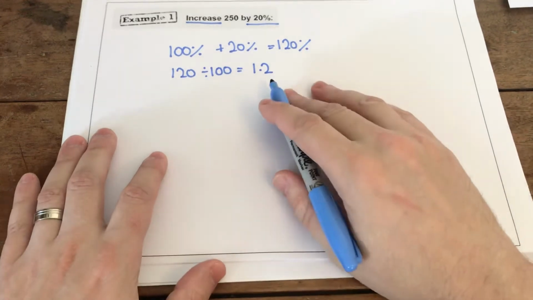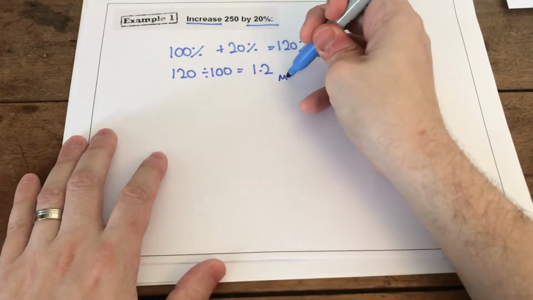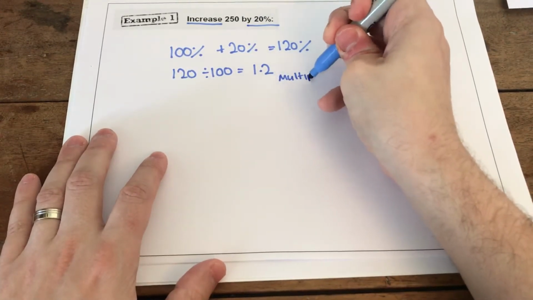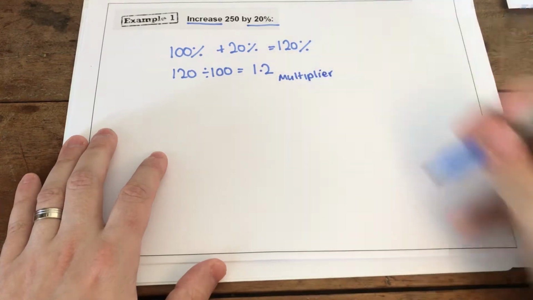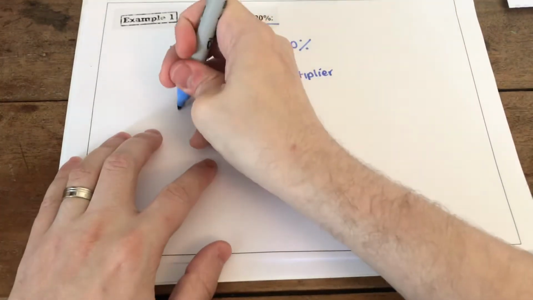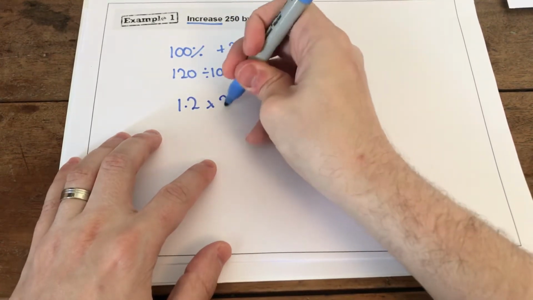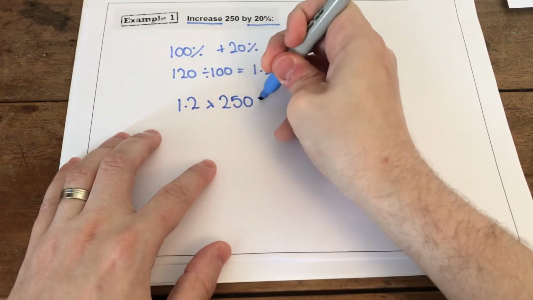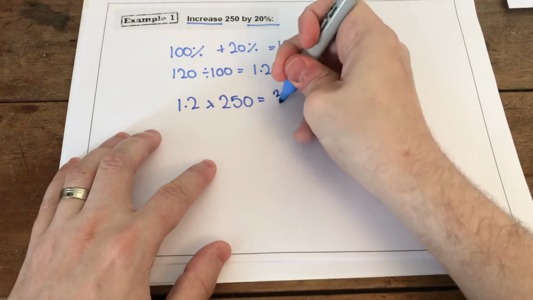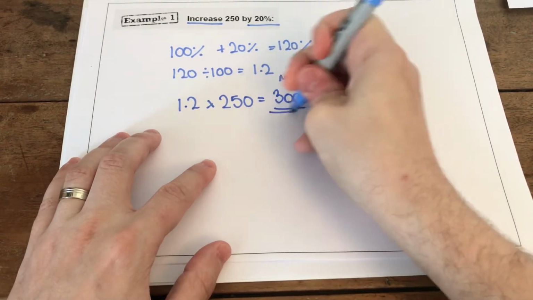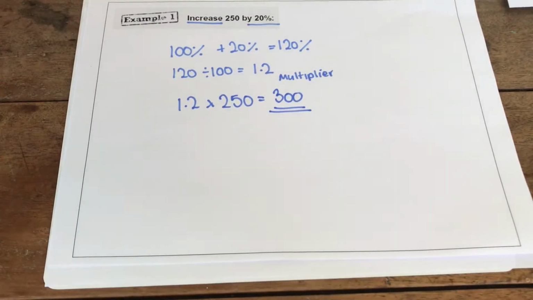Again, I'll highlight as I did in previous videos that this here is our multiplier. Once we get our 1.2, we multiply it by the value that we're trying to find, which is 250. If we do this, our answer comes out as 300.